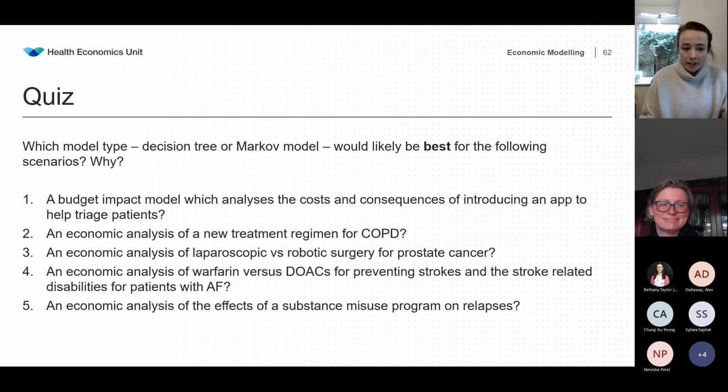So, quick quiz. Which model type? Just put in the chat 1 DT or 1 MM for the following numbers. Which model do you think would likely be best, just based on the information you're given? Throw in some quick guesses. What do you think would be the best for the following scenarios?